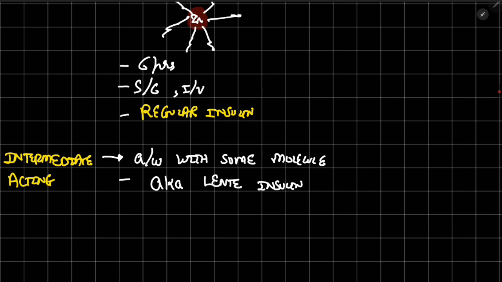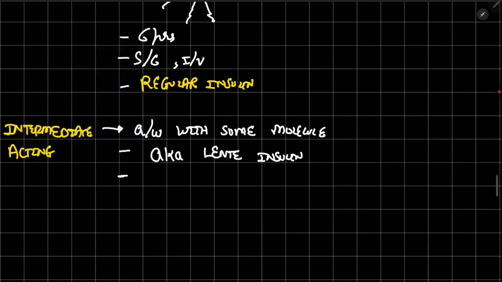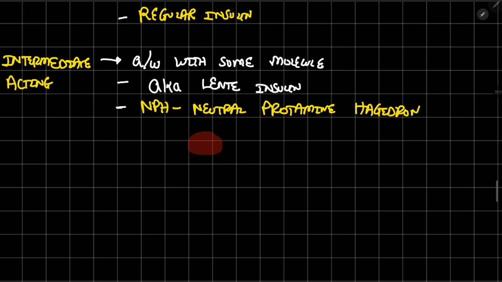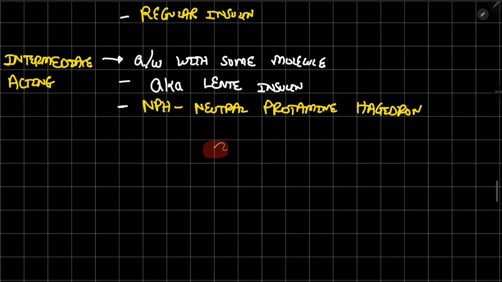We have one example in this, NPH, which stands for neutral protamine Hagedorn. In its structure, protamine will be at the middle and insulin will be attached to it.